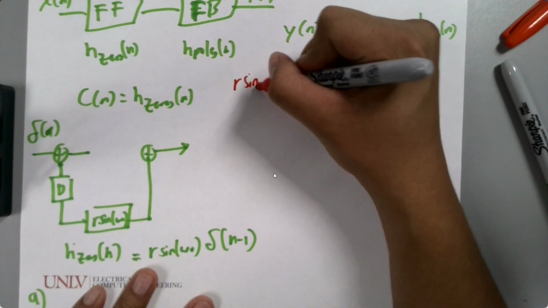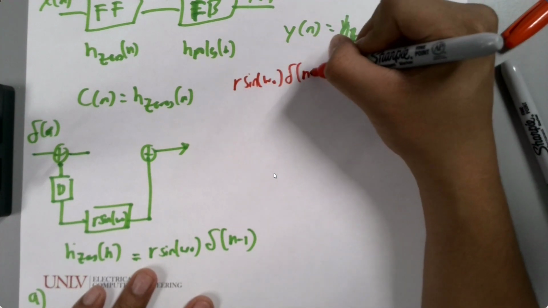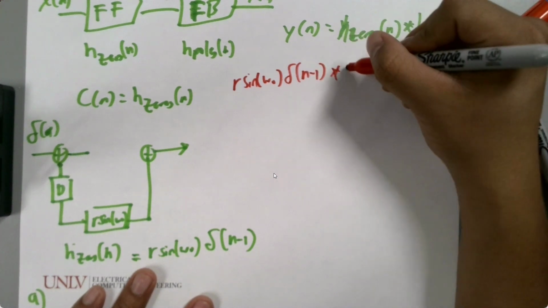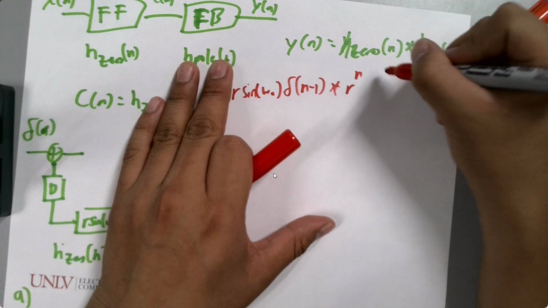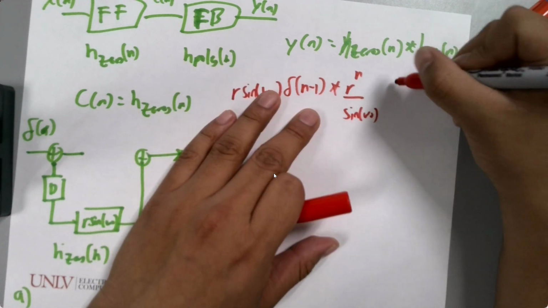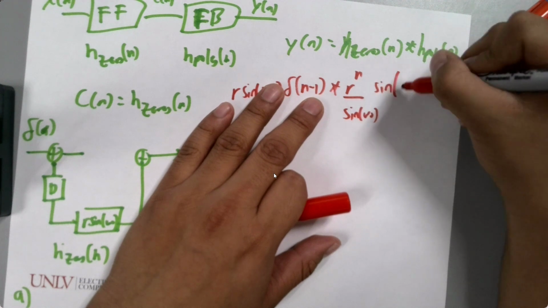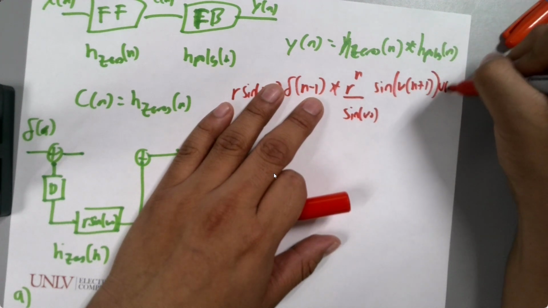R sine omega naught convolved with our poles, which is R of n divided by sine omega naught, sine omega n plus 1 u of n.